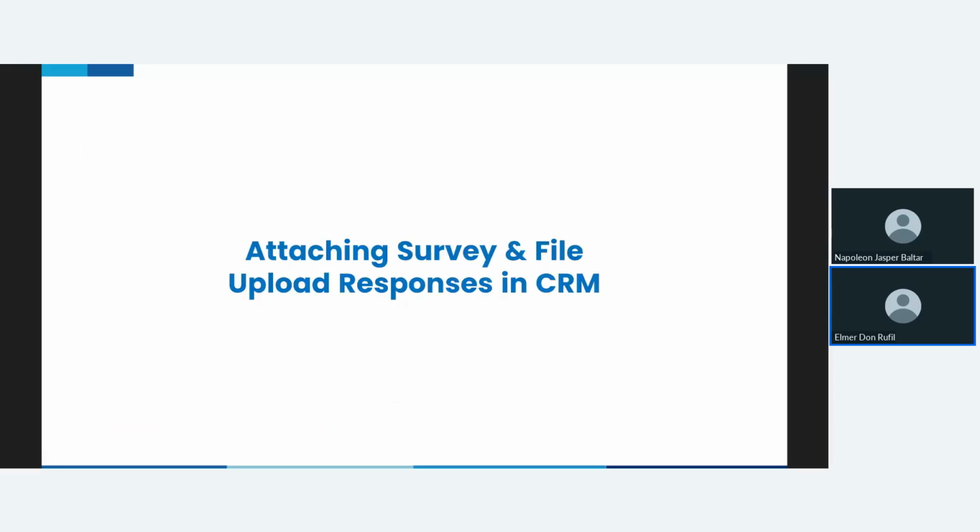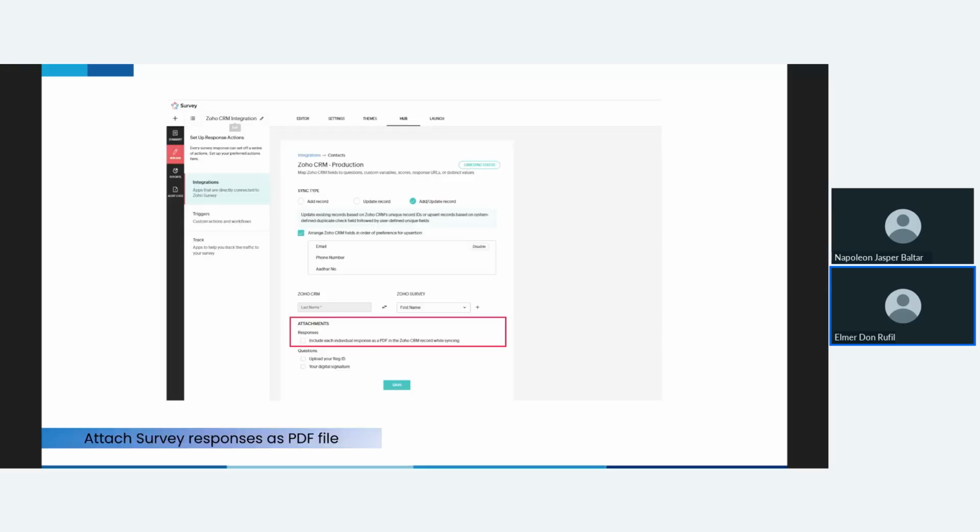So let's see how survey responses and uploaded files can be saved directly in Zoho CRM for easy access. So on this screen, you will see the attachments section within the CRM integration settings. So to automatically attach survey responses as PDF files, simply enable the checkbox under responses.